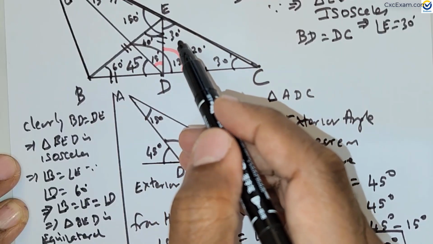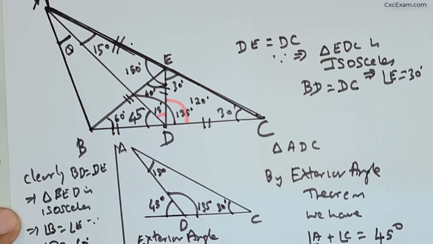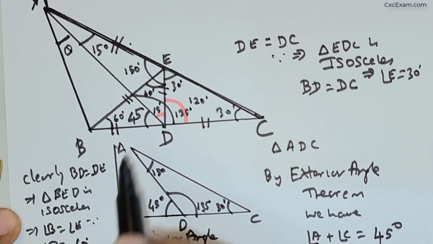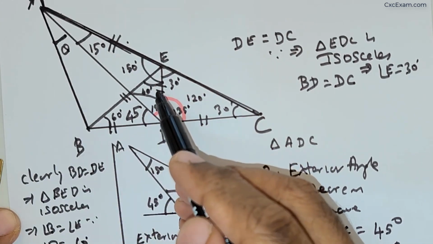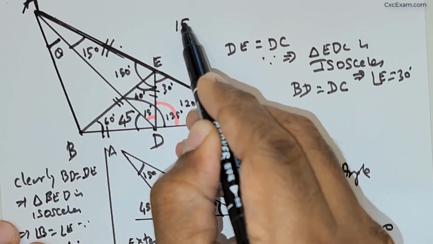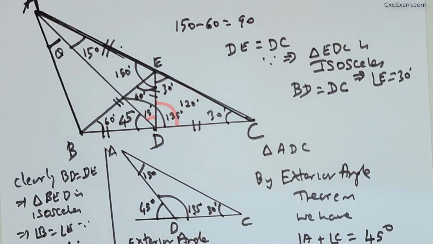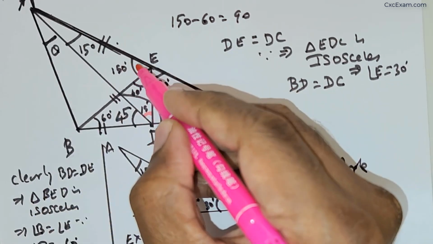For that I need to utilize the angle property. This entire angle is 150, so from 150 I take away 60. What do you get? You get 90. So you have a right angle here.